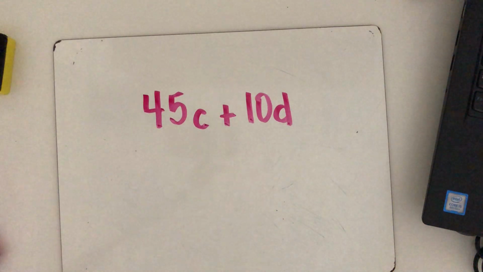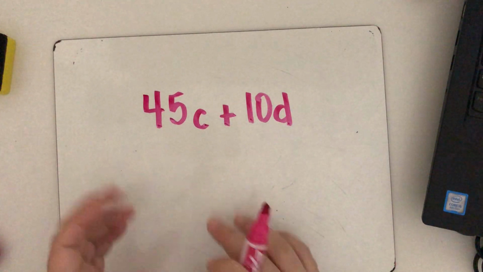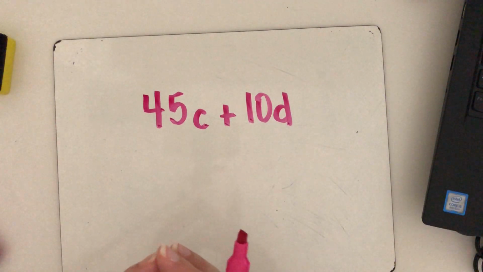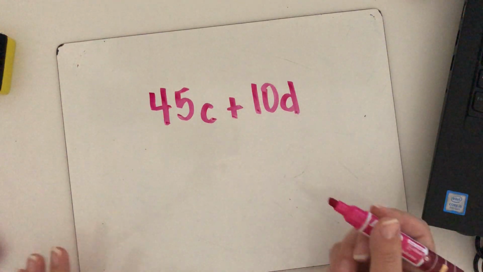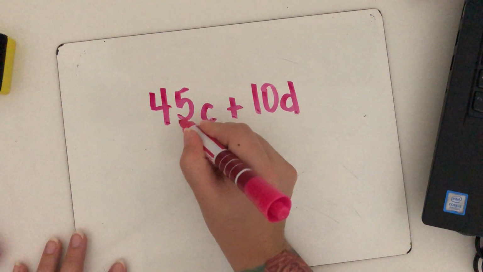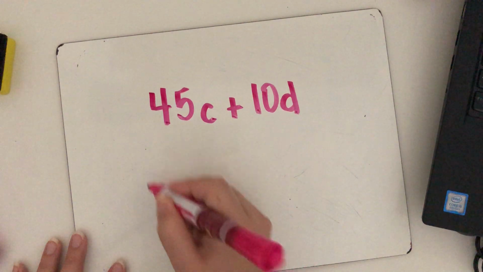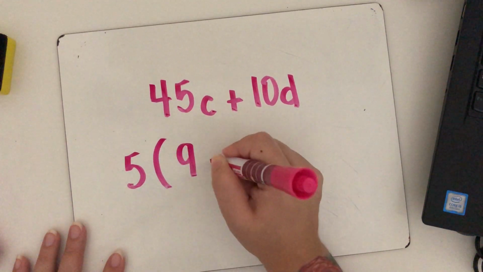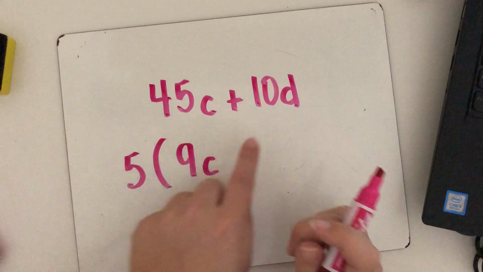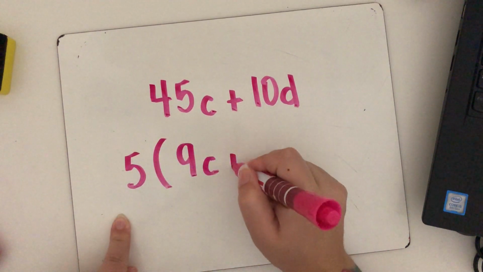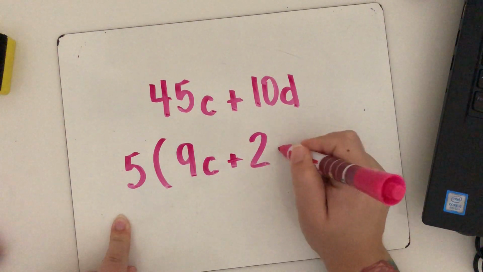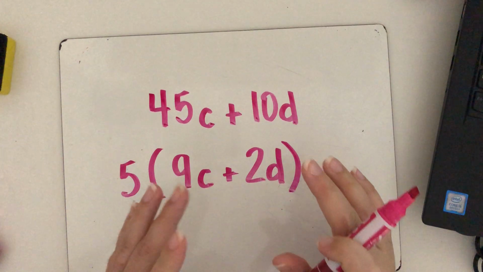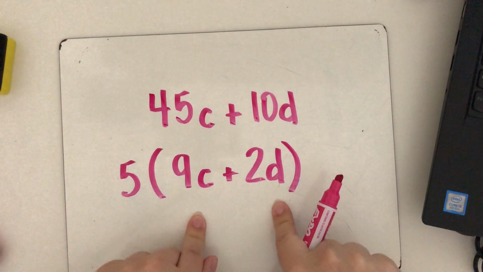Remember, we dealt with the greatest common factor, where we broke down both terms and saw the greatest amount they had in common. So it's 5. I would do 45C divided by 5, putting the 5 on the outside. That gives me 9C. 10 divided by 5 gives me a positive 2D. Notice they didn't have a variable in common, so those variables stayed inside the parentheses.